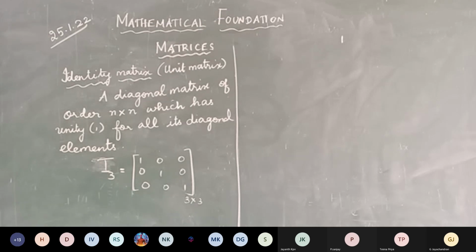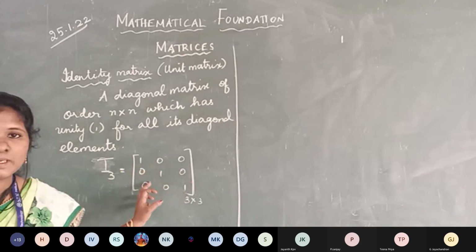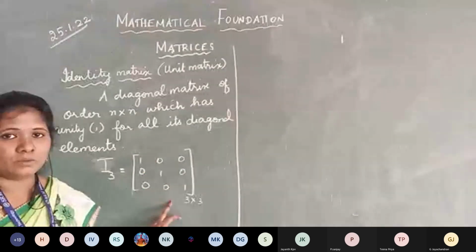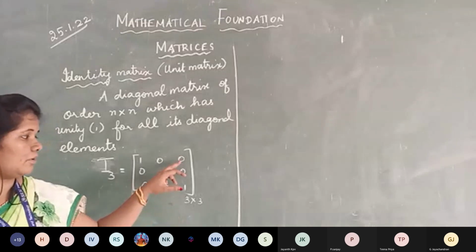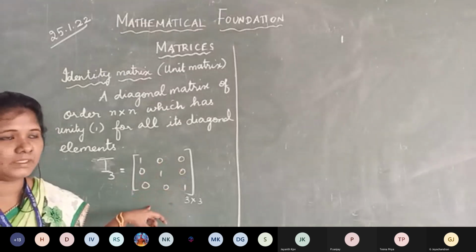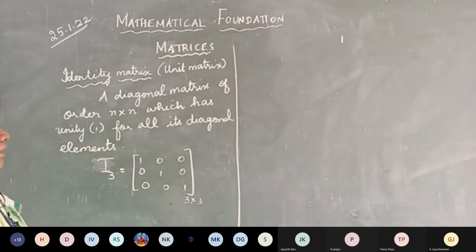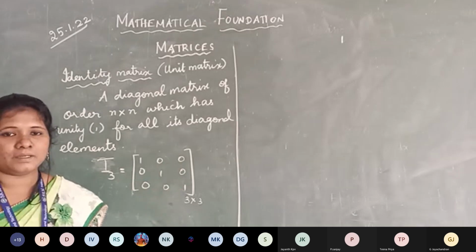Here the diagonal elements alone will be your unity or your 1, and all other elements will be 0. That is your identity. Next we will go on to upper triangular matrix.